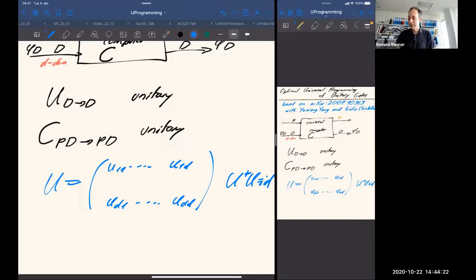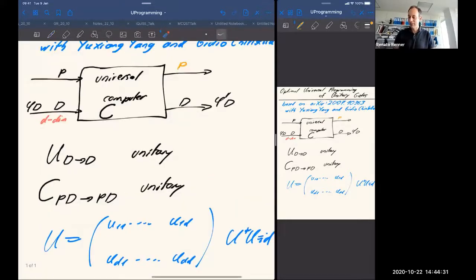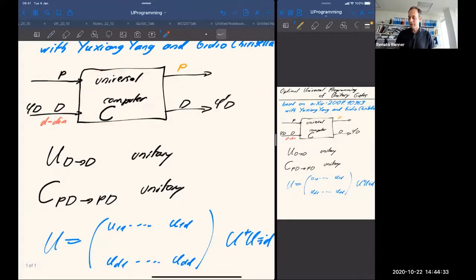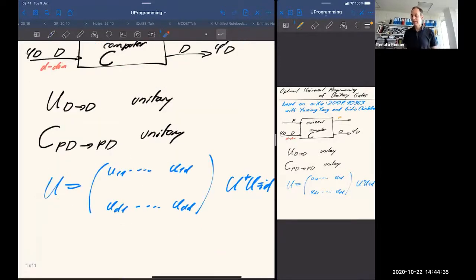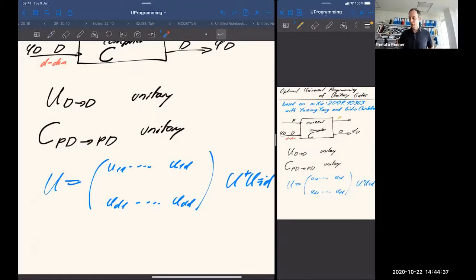So I could ask myself, how many bits do I need to essentially provide at the end to this machine so that it can execute this unitary? And now the trivial answer would be, I just count how many bits I need to specify this unitary. So how many bits do I need to specify a unitary?